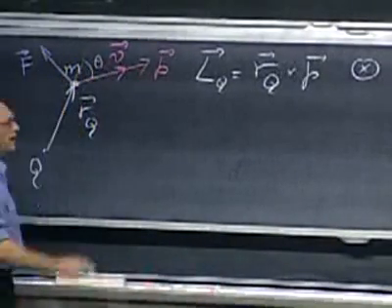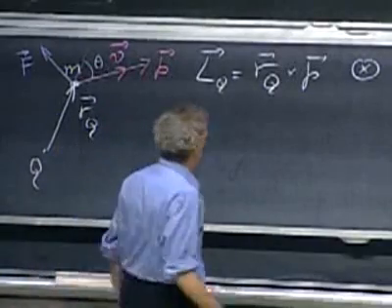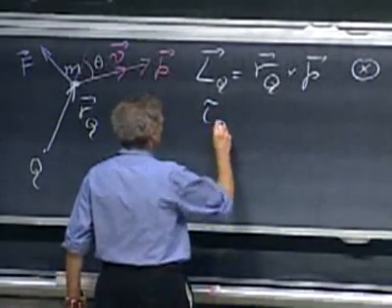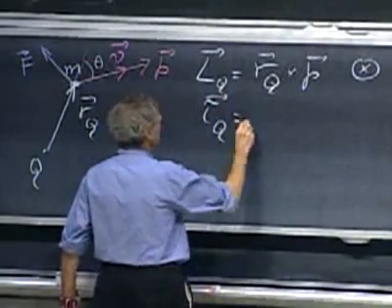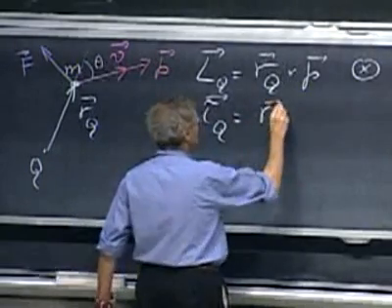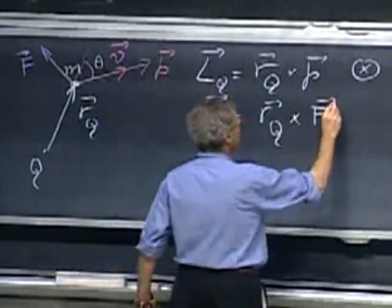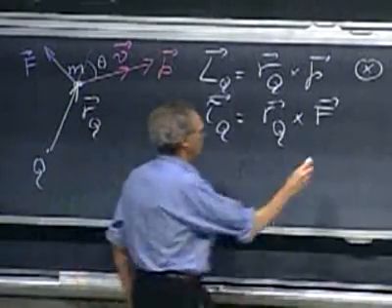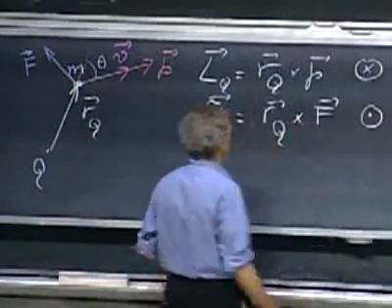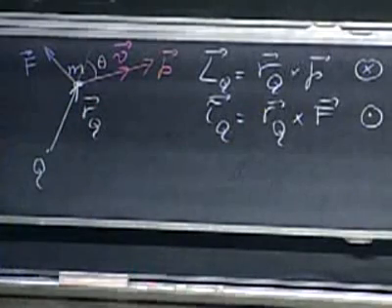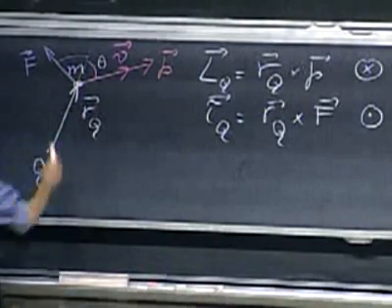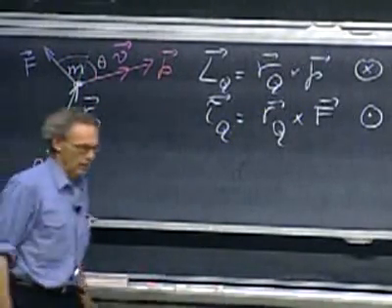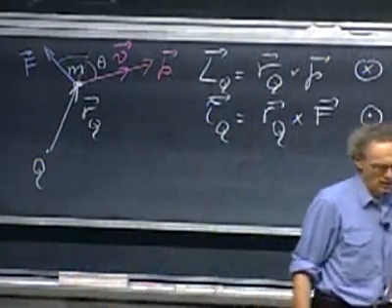You get the sine of theta because of the cross product. The torque relative to point Q is defined as the position vector cross F. In this case, that would be out of the blackboard. And again, the magnitude can be found, but you have to take into account the angle between the position vector and the force.